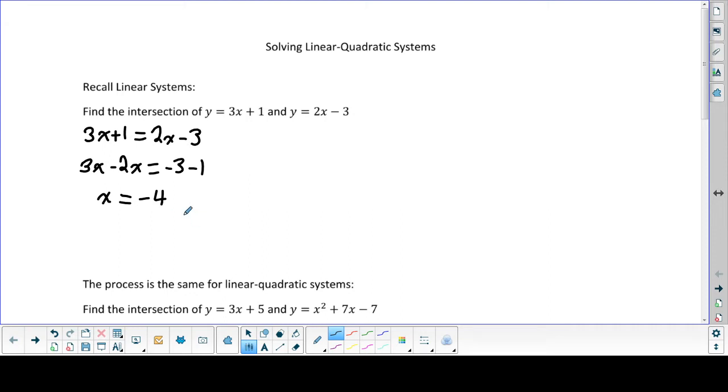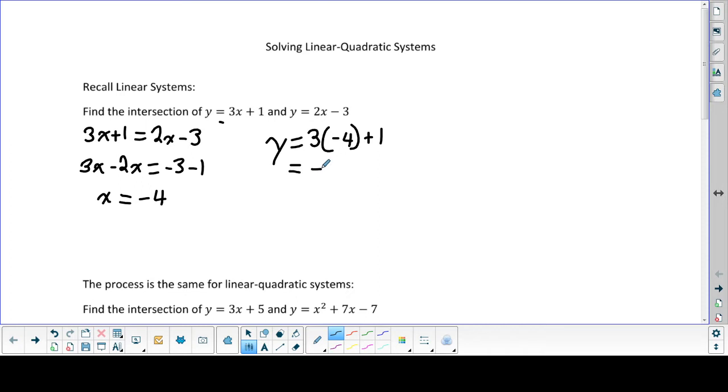The next thing we need to do is find the y value, because an intersection is a whole point, not just an x value. We can plug this x value into either of our starting equations. It doesn't matter which one. In fact, you can try them both on your own and see that you get the same answer. I'm going to choose the first one. So the y value is going to be 3 times our x value of -4, plus 1.